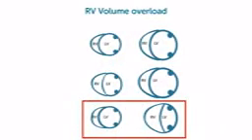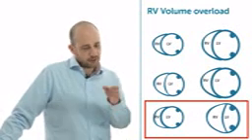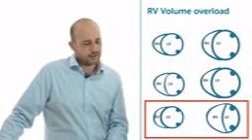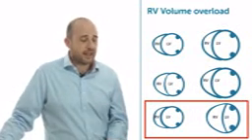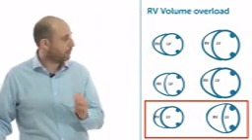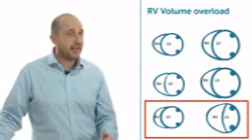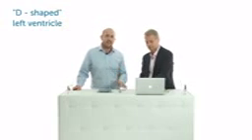Let's take a more detailed look at what happens in right ventricular volume overload. Exactly, Thomas. As we can see on the right side in the last image, the right ventricle will be bigger and it will push the septum toward the left ventricle, and the left ventricle will show the so-called D shape. But let's see what happens in reality.